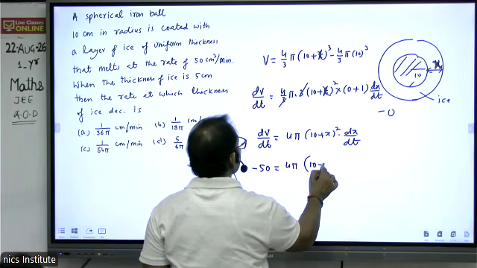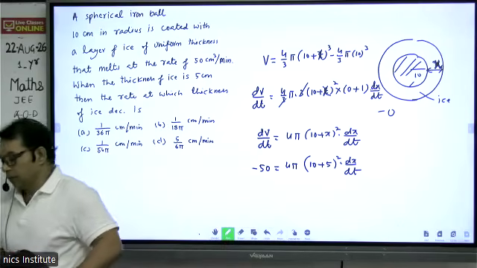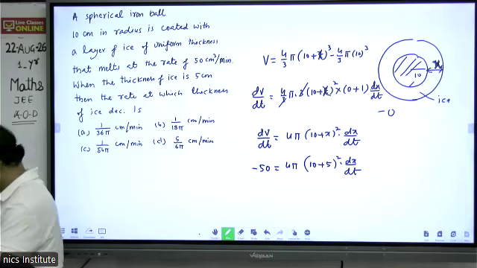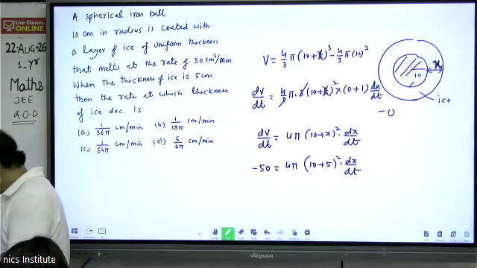So thickness is 5, 10 plus 5 into dx by dt. So what is the answer?